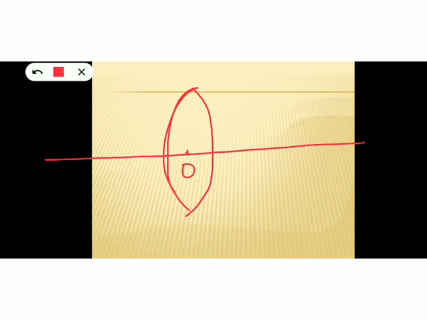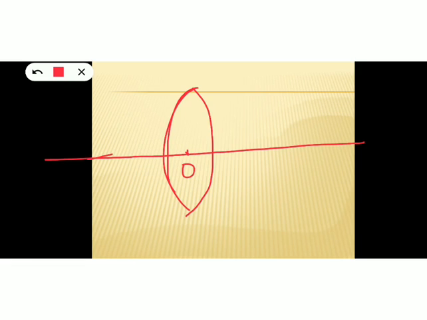So this is a convex lens and this is a concave lens. Now, for any type of lens, whether convex or concave, the geometric center of the lens is known as the optical center and it is denoted by O. The line passing through O is known as the principal axis.